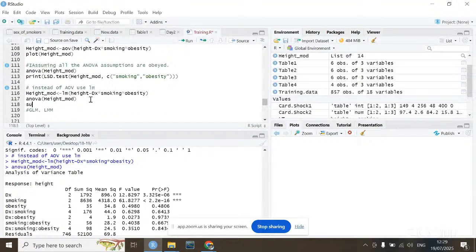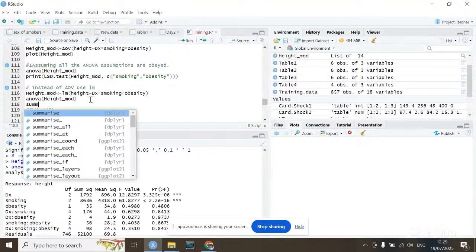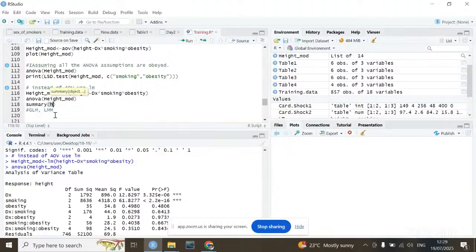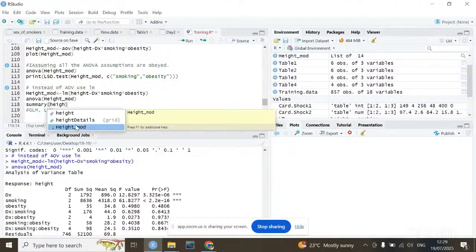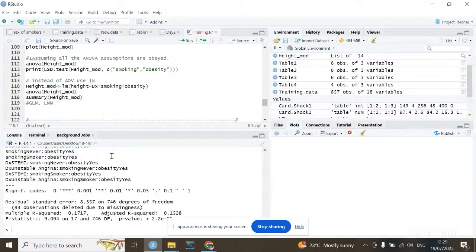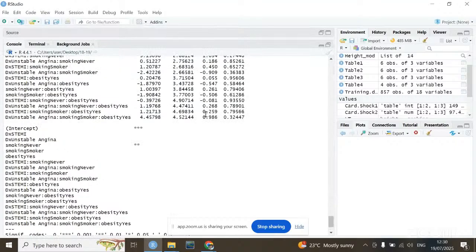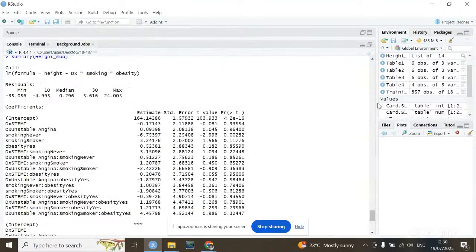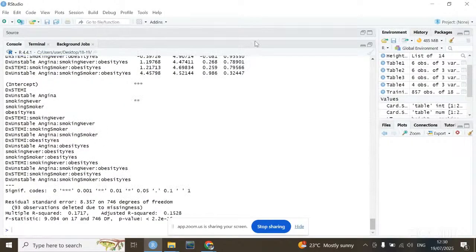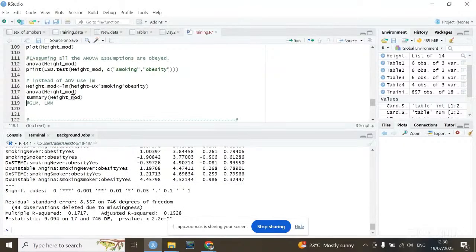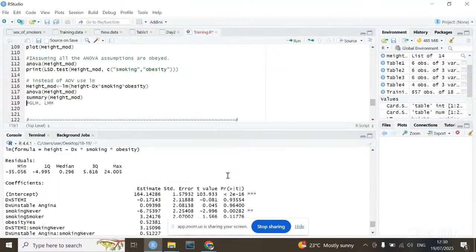What you could also do, instead of using the ANOVA command, you just use summary. Now, this one will give you something else.